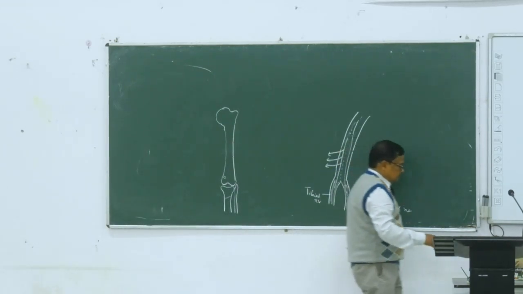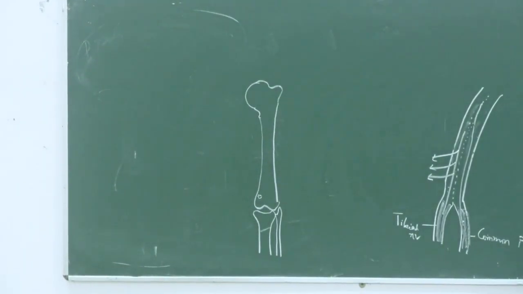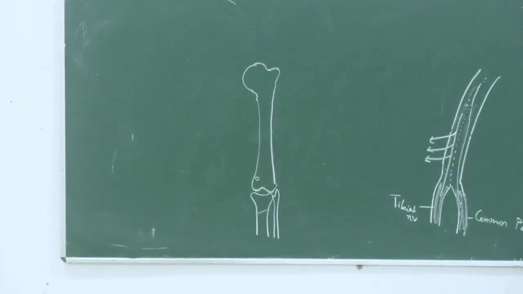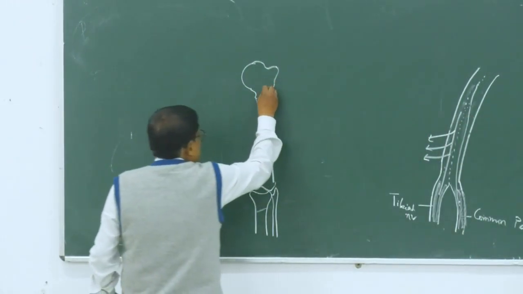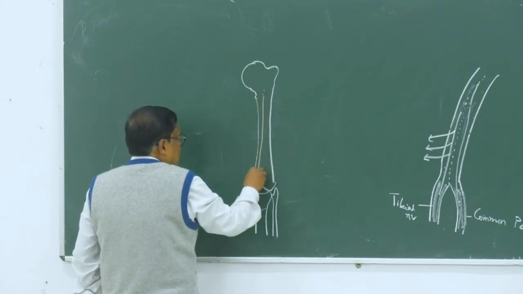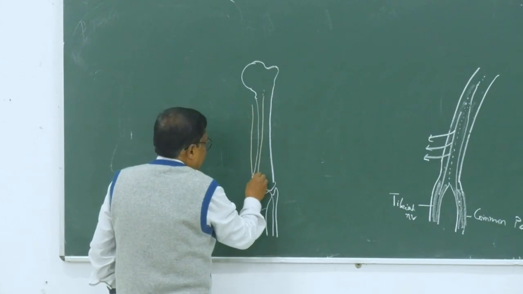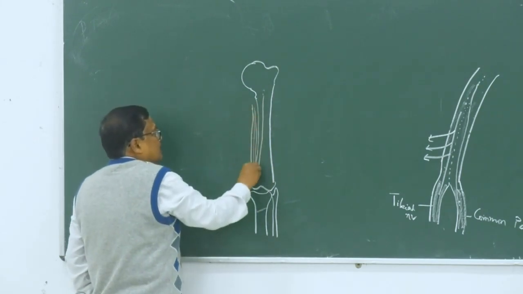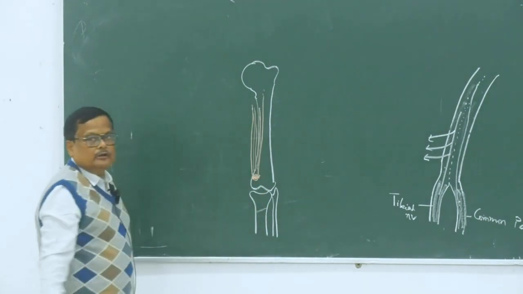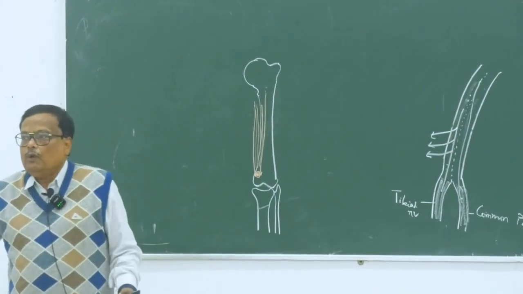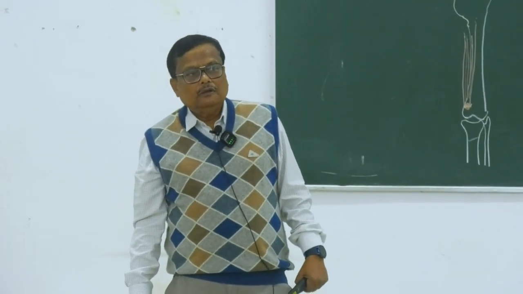Adductor magnus is inserted here in the adductor tubercle, not beyond the knee joint. Then why do you call adductor magnus a hamstring muscle?